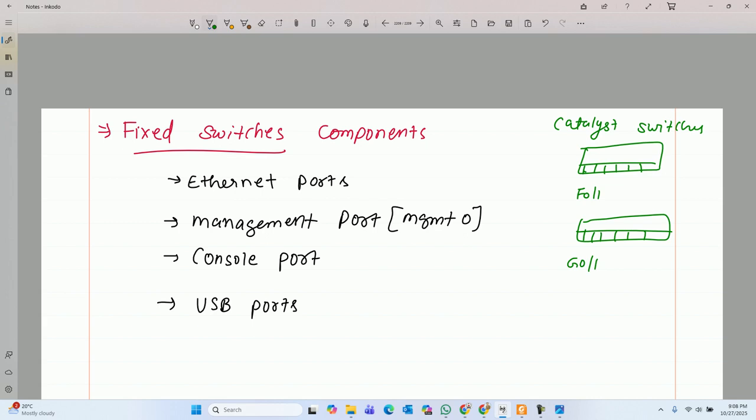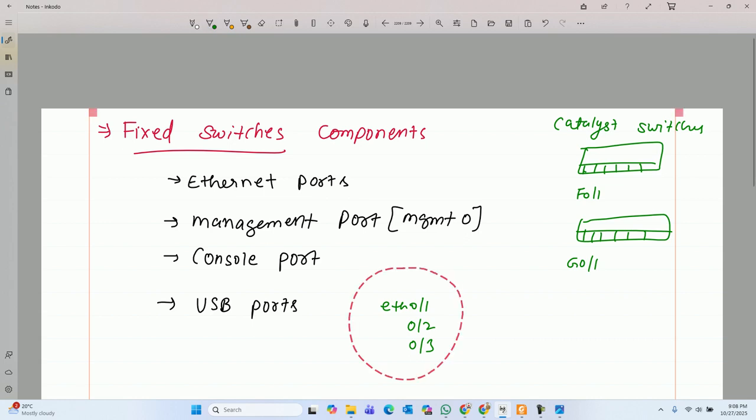Whenever you configure an access switch, the type of interface is always going to be Ethernet: Ethernet 0/1, Ethernet 0/2, Ethernet 0/3, irrespective of the bandwidth, whether it is 1 Gbps, 10 Gbps, or 100 Gbps. The type is always Ethernet. There's no change. Like FastEthernet or GigabitEthernet, you don't need to mention such things in Nexus switches.